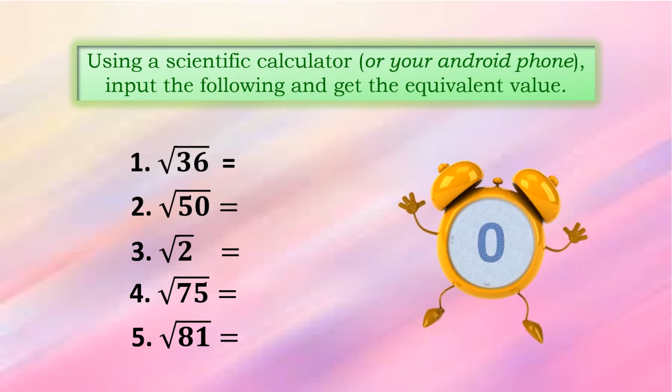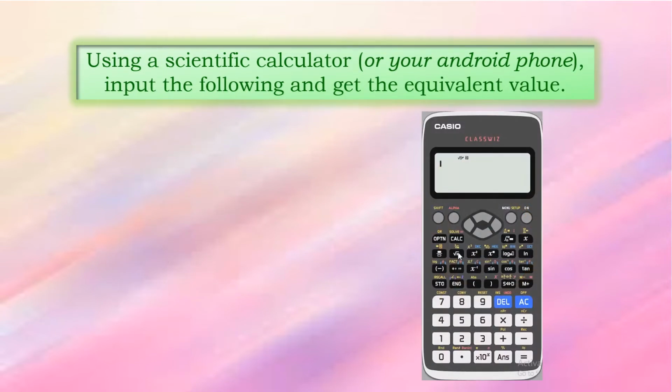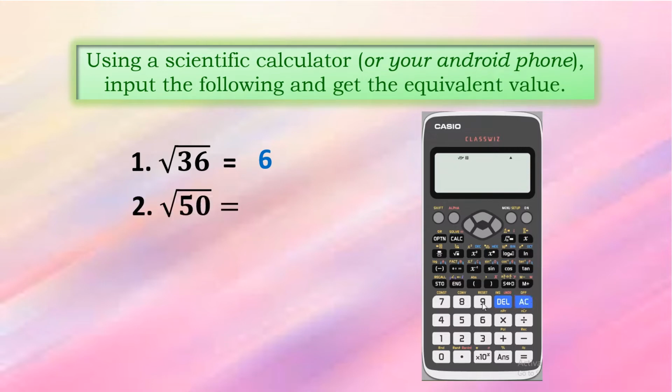Let's check. Square root of 36 is equal to 6. Square root of 50 is this. If we round it off to the nearest hundredths, that would be 7.07.